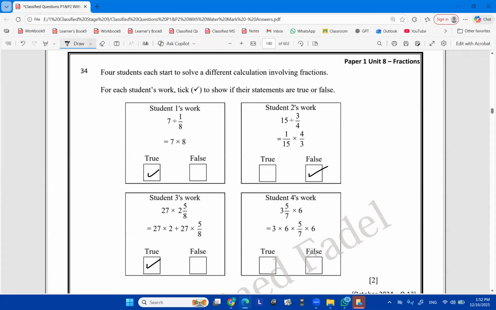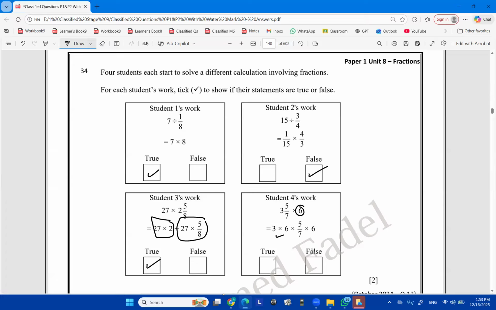Yes, I can do this. Multiply the 27 by 2 plus multiply 27 by 5 over 8. You finish this, then you add it to this. Here, mister, can I do the same thing? I do the 6 multiplied by 3. Yes. Then 6 multiplied by 5 over 7.